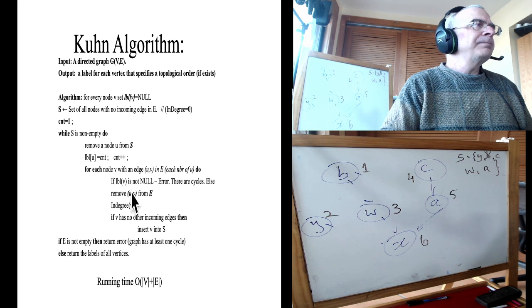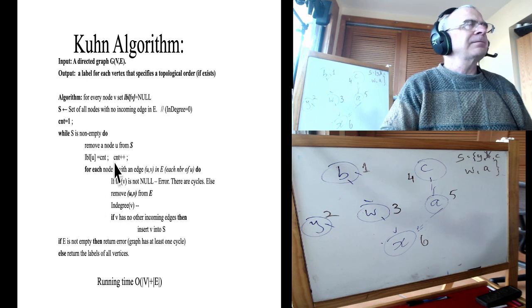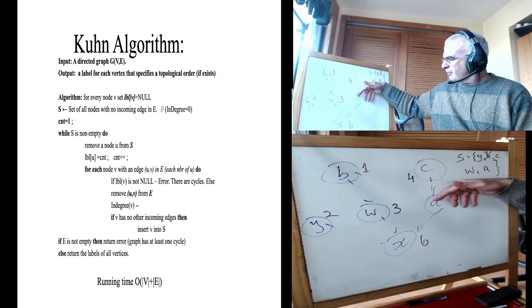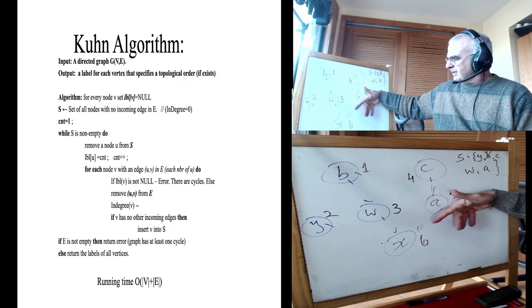I need to be able for this algorithm to say, hey, I'm paying attention to a vertex A, and I want to know who are its immediate neighbors.